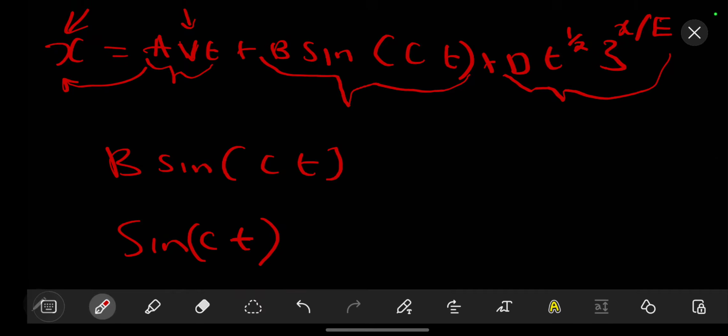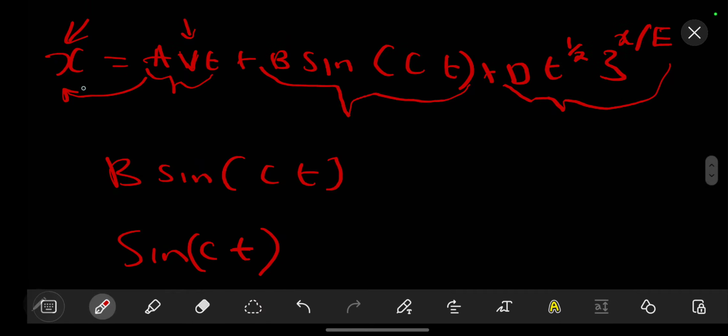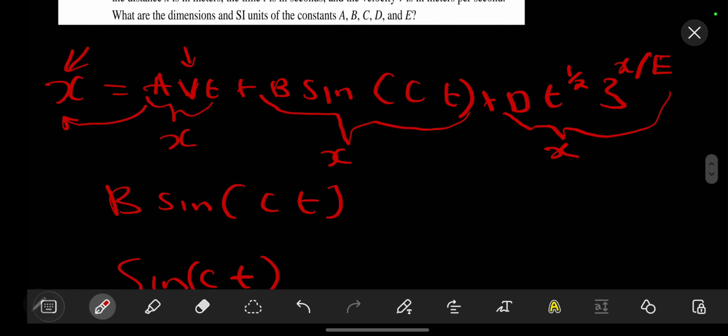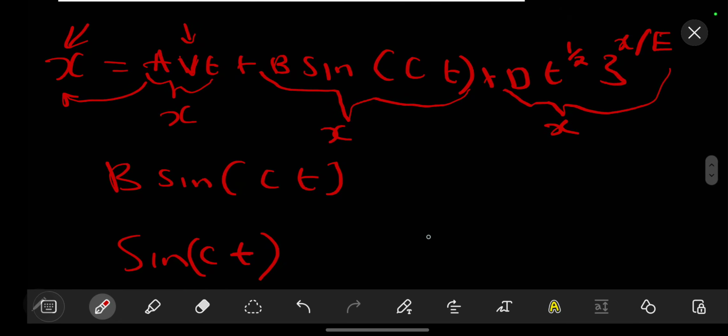According to the principle of homogeneity, if here it is x, here we should have x, here we should have x, and here we should also have x. So x should be equal to b sine of ct.